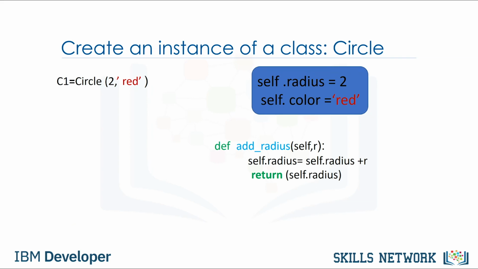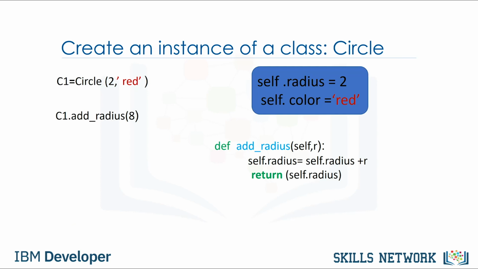We call the method by adding a dot followed by the method name in parentheses. In this case, the argument of the function is the amount we would like to add. We do not need to worry about the self parameter when calling the method. Just like with the constructor, Python will take care of that for us. In many cases, there may not be any parameters other than self specified in the method's definition, so we don't pass any arguments when calling the function.